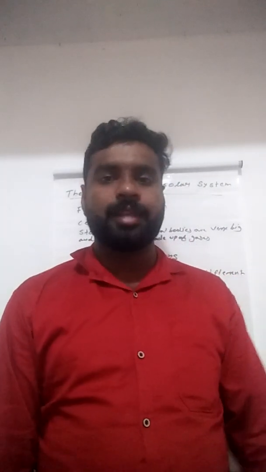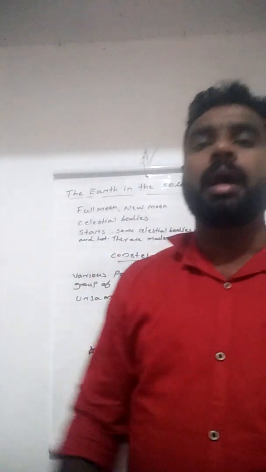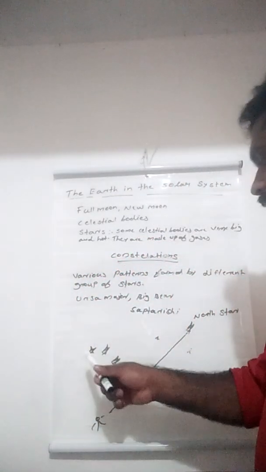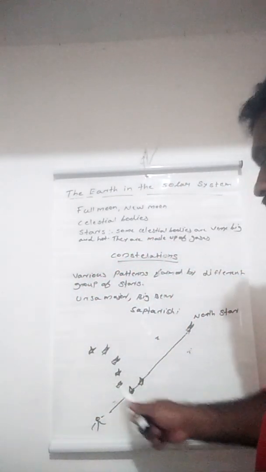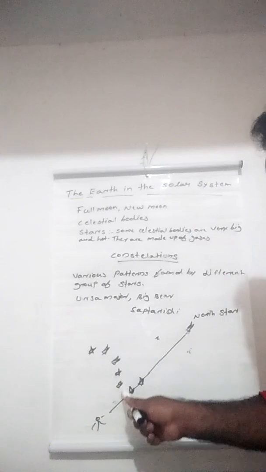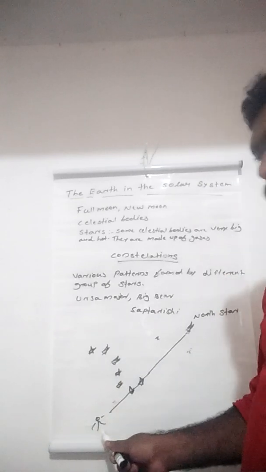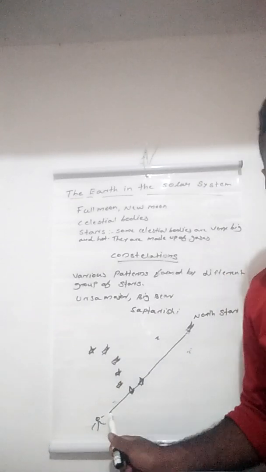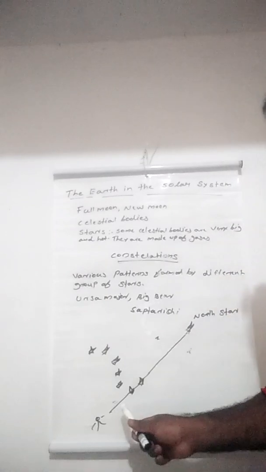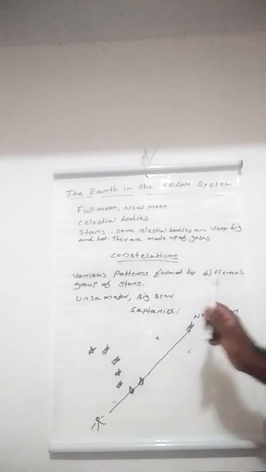Saptarshi is a group of 7 stars. If you look at the board, you can see 7 stars like this, and on the downside, if you follow an imaginary line towards the north side, you can find the pole star or north star.